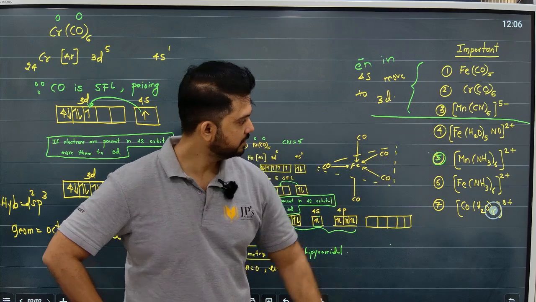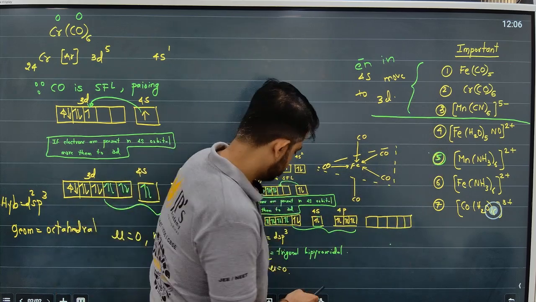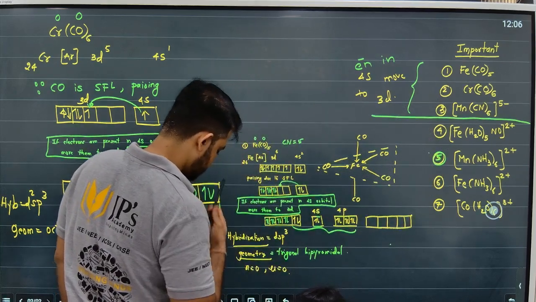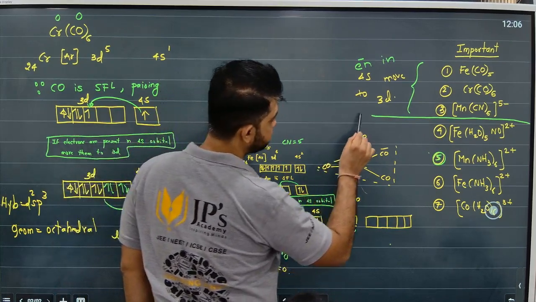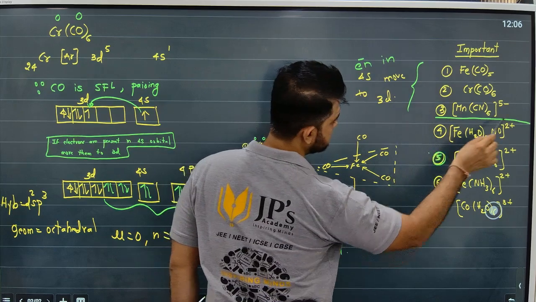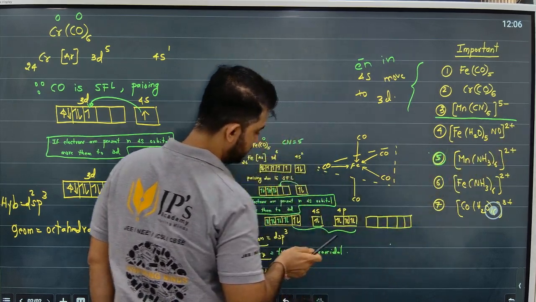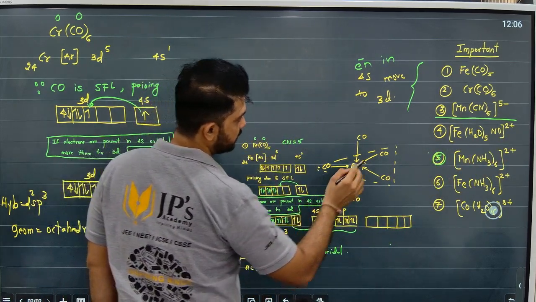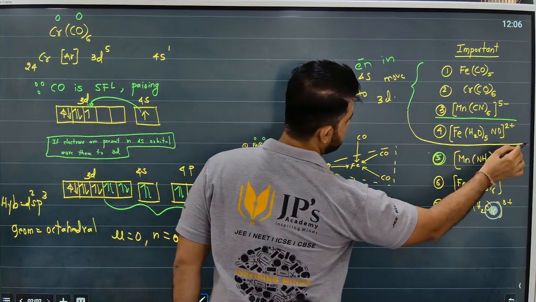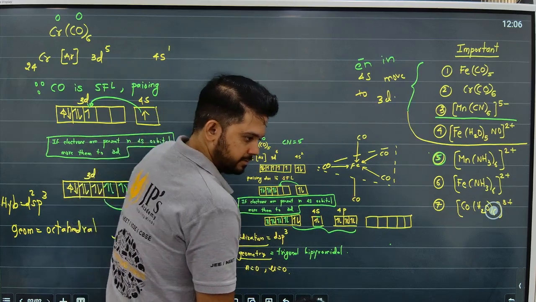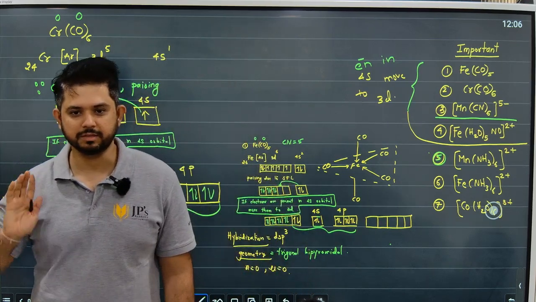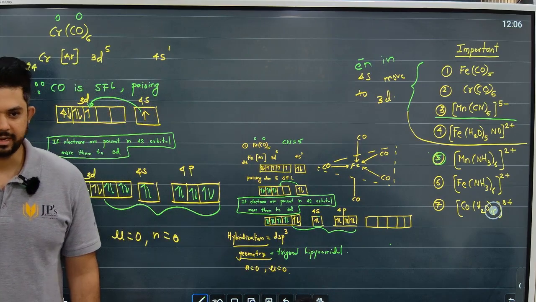CN is a strong field ligand, and hence pairing takes place. सेम ही आने वाला है वो, अगर समझो तो. Getting that?